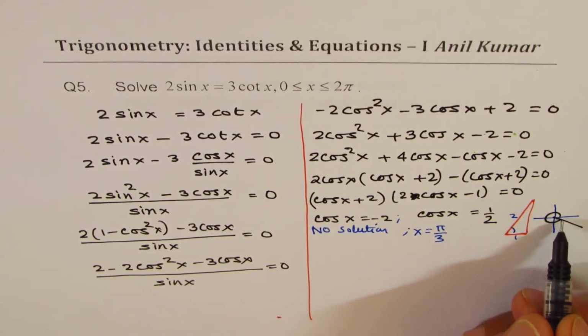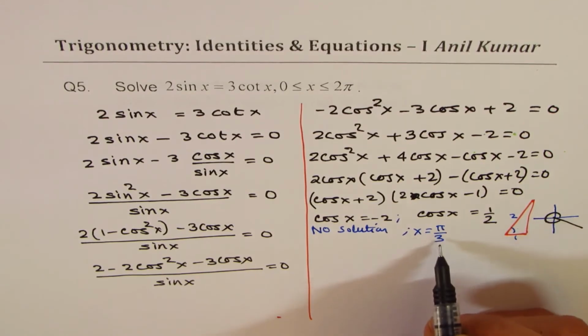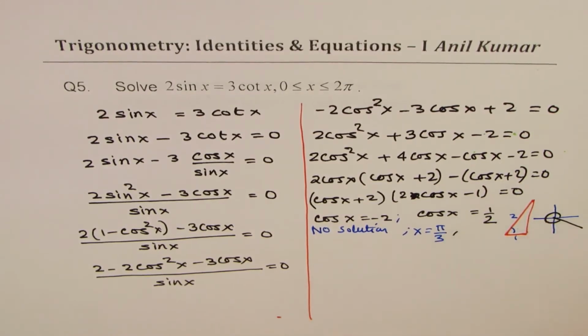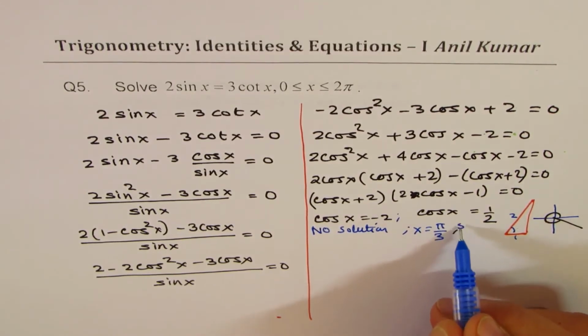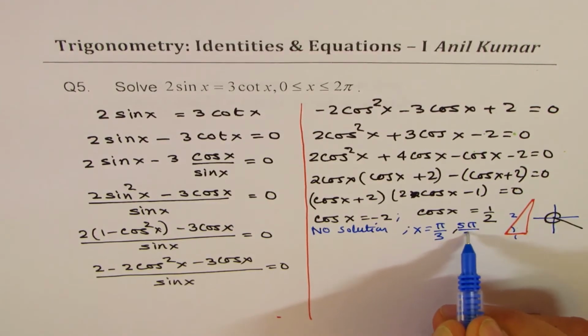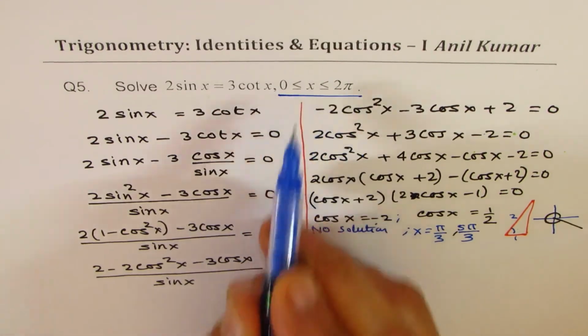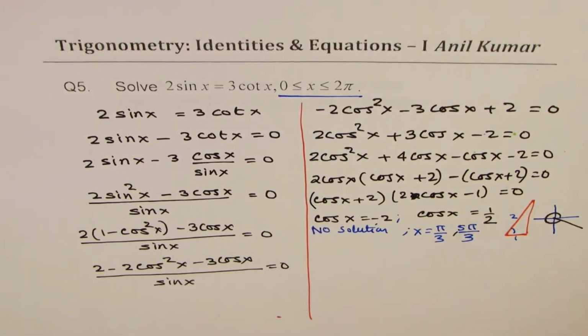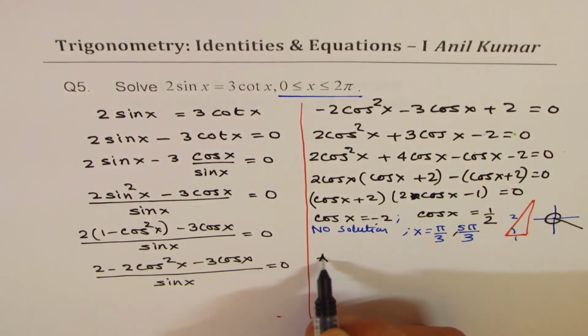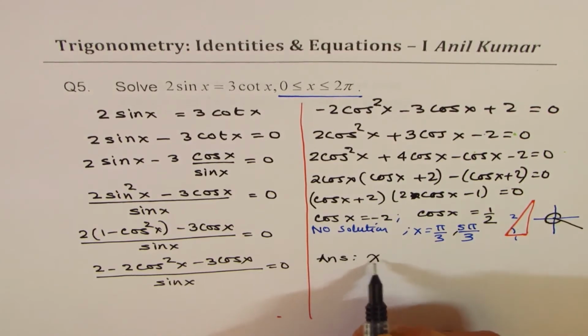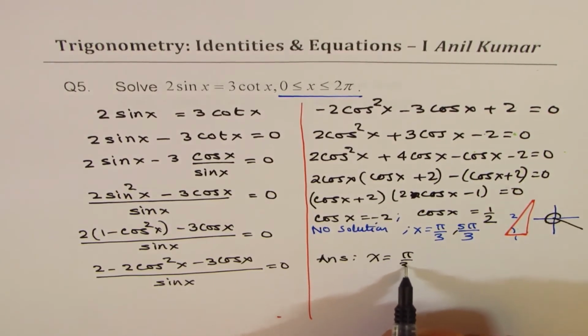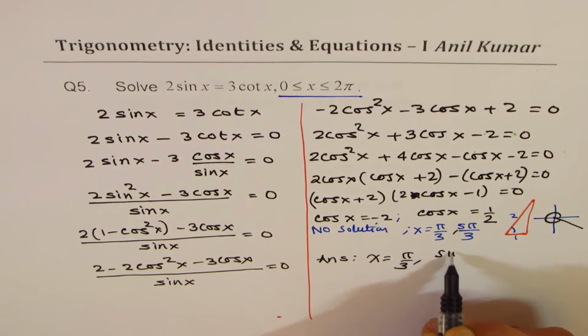So it is 5 pi by 3, right? So second answer will be 5 pi by 3. So these are the two solutions for the given equation in the given domain of 0 to 2 pi. Correct? So we can write down our answer as x equals pi by 3 and 5 pi by 3.